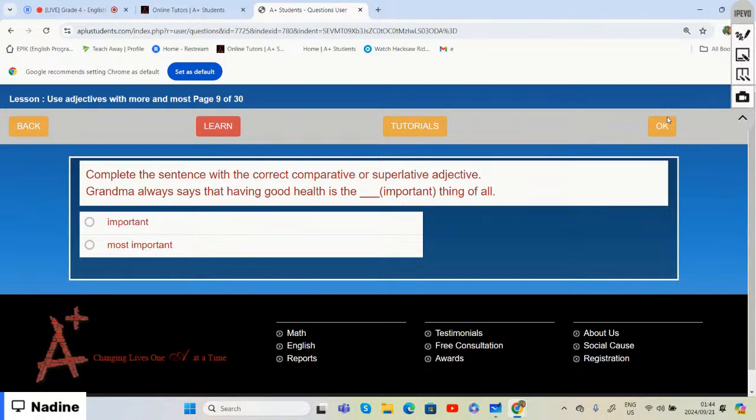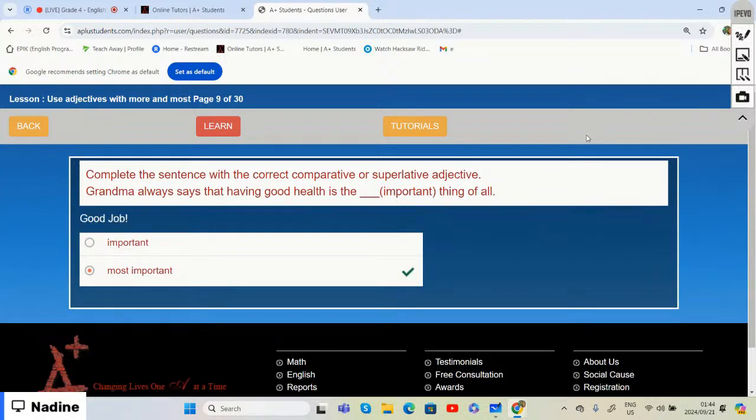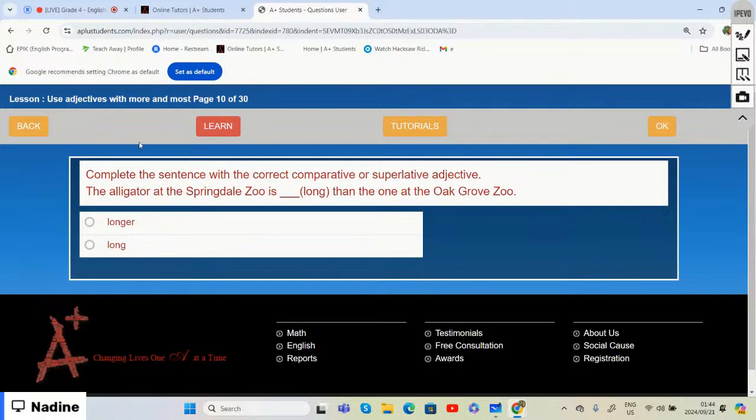And if we were to choose the correct option, we can say grandma always says that having good health is the most important thing of all. So option two is correct. All right, let's do the last one.